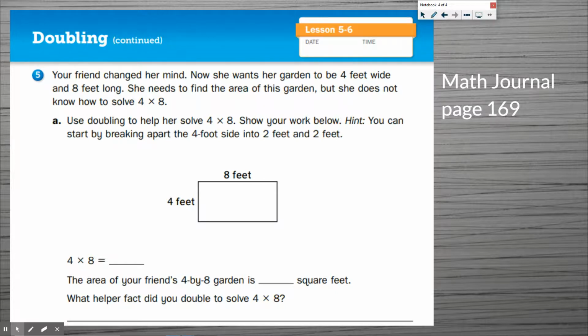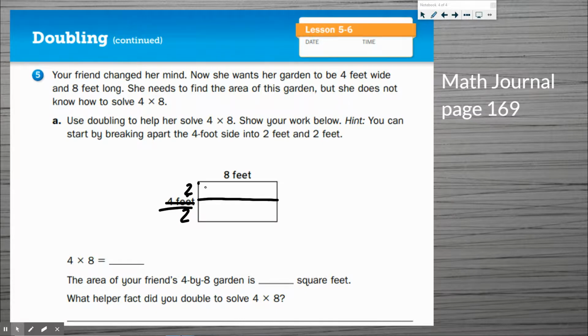So both of these numbers are even numbers, so I could split both of these numbers in half. We're going to start with breaking 4 in half, because the thing that I love about this one is 4 broken in half is 2 and 2. I can easily multiply by 2. So I now have 2 equivalent rectangles that are the same.